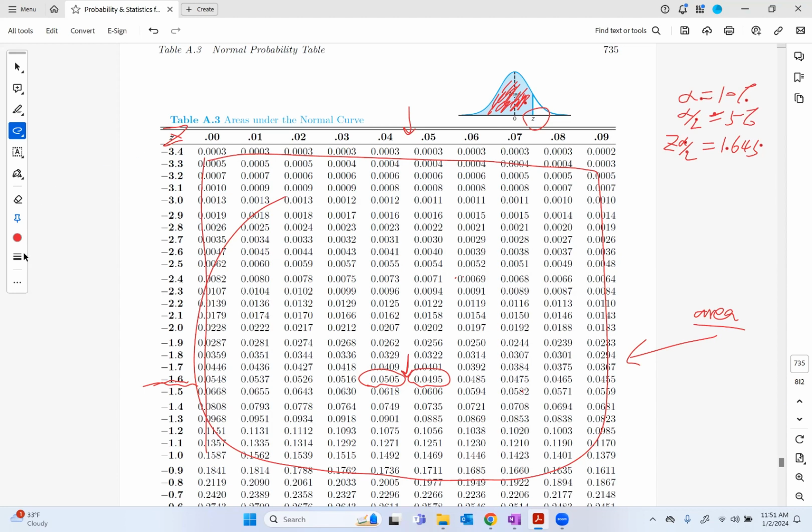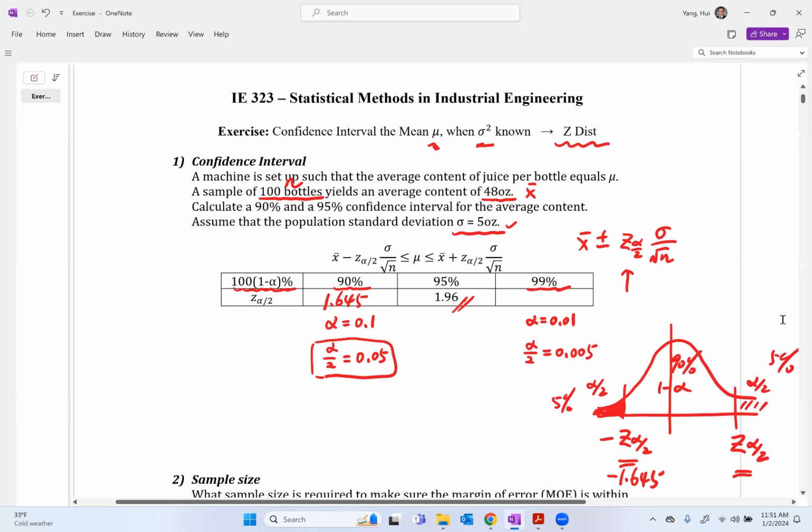Now, let's find out 99%. Alpha over 2 is not 5%. This will be 0.005, and the value in the middle will be 99%.